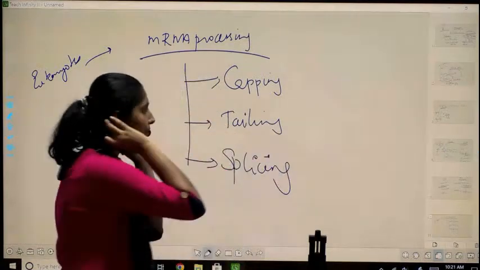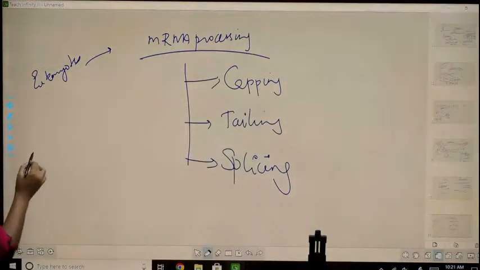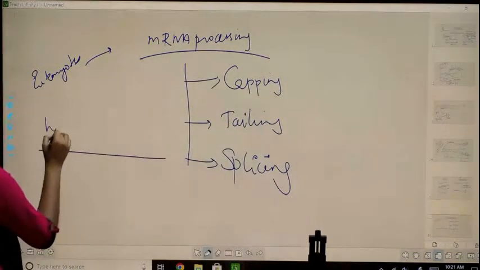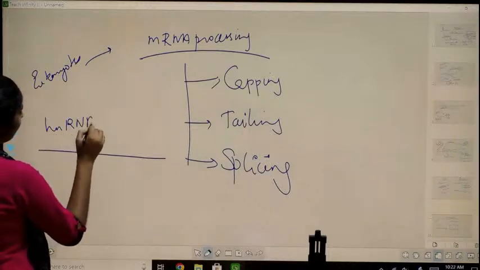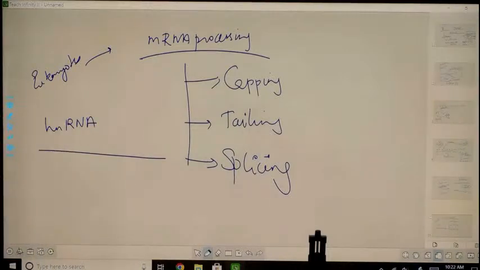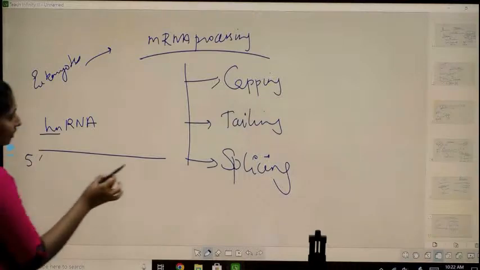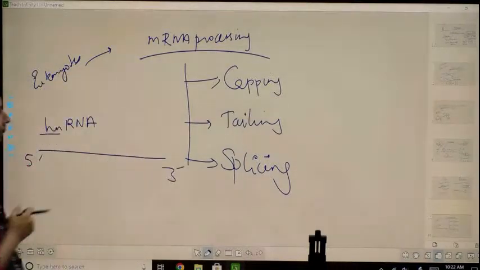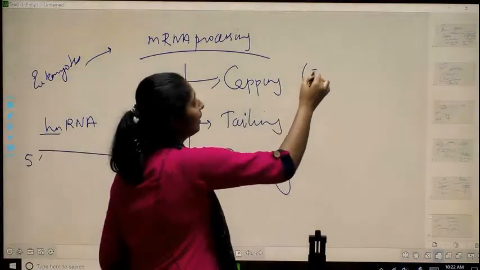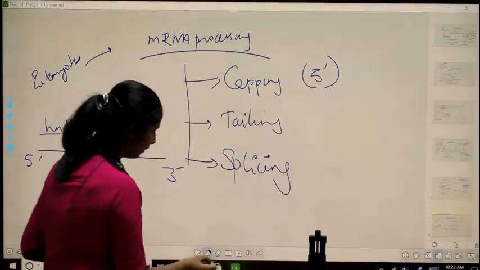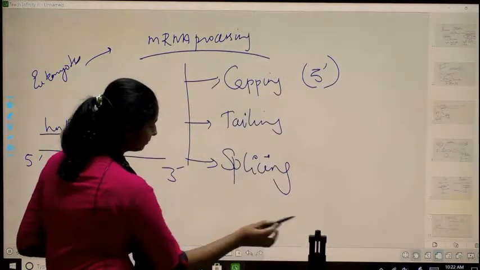So in capping, what is happening? The hnRNA, now before the mRNA undergoes processing, we call it heterogeneous RNA. It is known as heterogeneous RNA, right? So in the heterogeneous RNA, a cap is added at the 5' end.